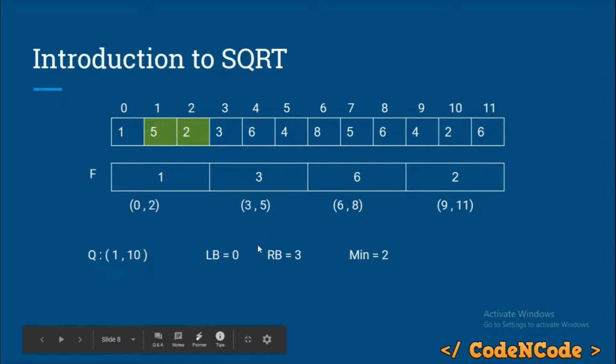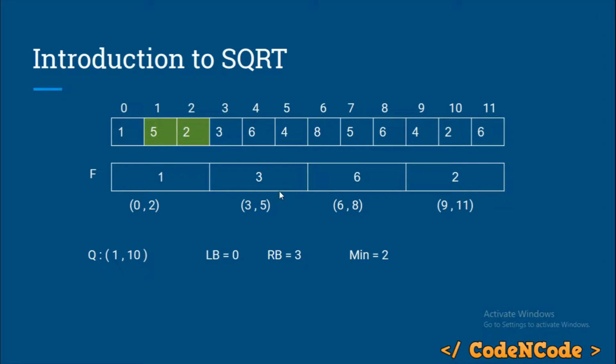Now you can traverse by blocks, because we know that for the right block, the 3rd block, the answer of our query may or may not contain all the elements from the right block. So we can take the answer from the blocks which are less than our block.